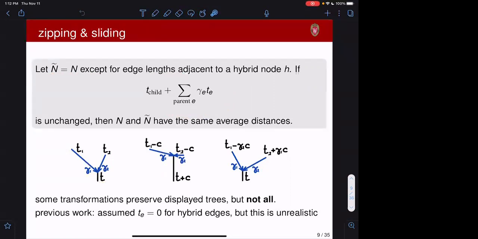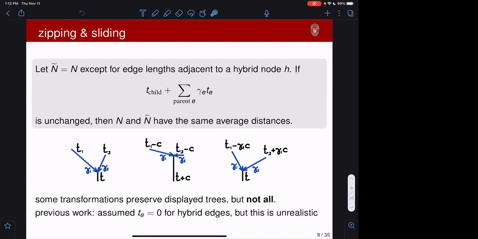What's not surprising is when we zip this hybridization up here or down, in the sense that we decrease both of the parent edges by some constant and increase the child edge by some constant. So here we don't change the display trees. If I go left, this length and that length are going to be the same.